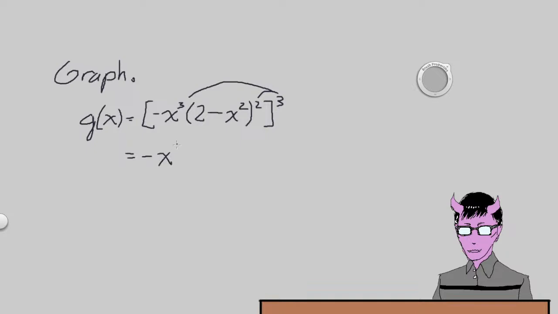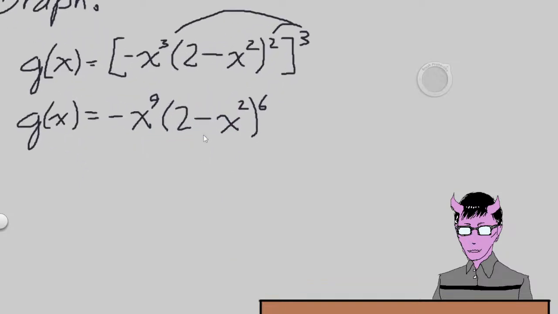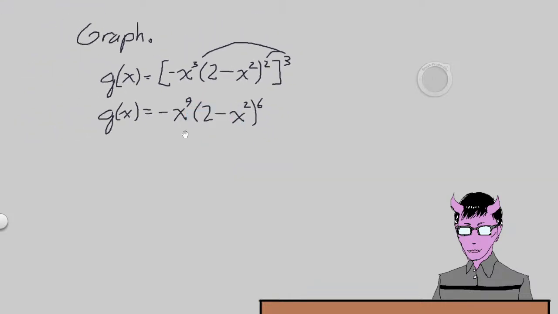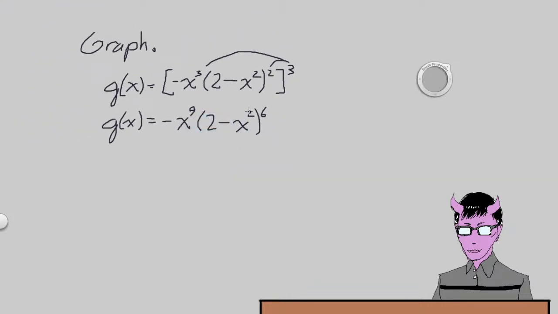So 3 times 3 is 9, and then 3 times 2 is 6. That's g of x, and that's the main thing I would do. I would not bother distributing this binomial. It's honestly a bit of a waste of time.